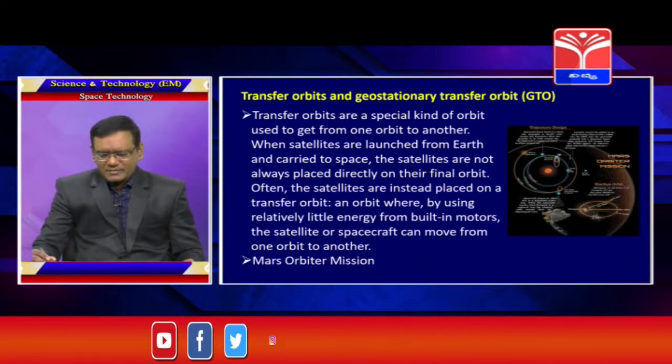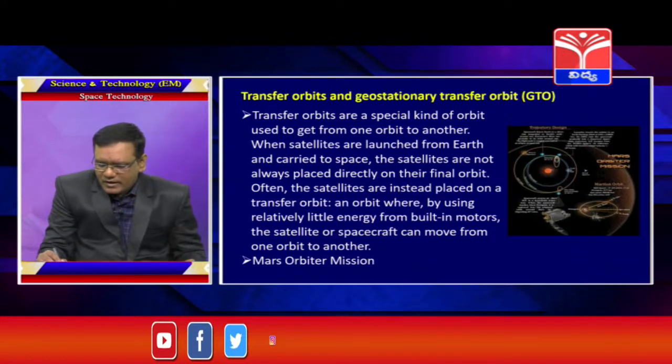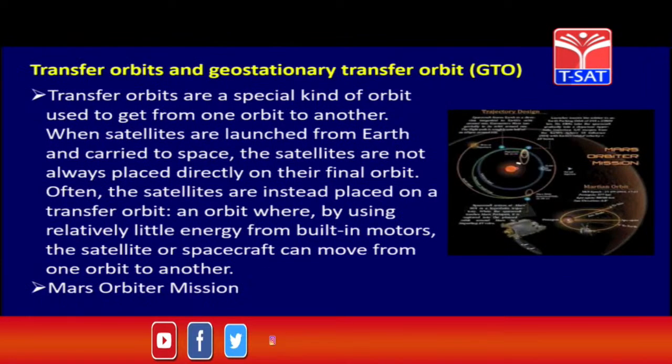Suppose you look at this picture here. We want to send a satellite to this position, but the Earth is here, so what we need to do is send the satellite around this.